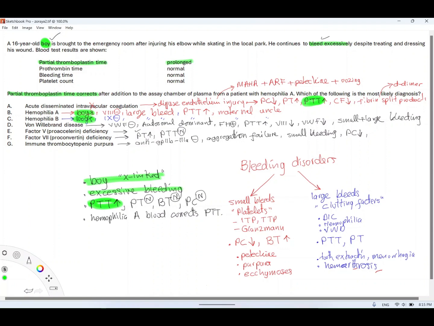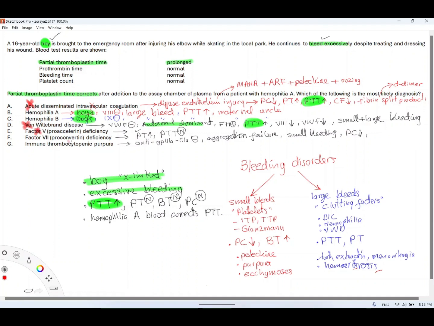Okay, VWF, PTT is increased, but there is also clotting factor 8 deficiency, and it's autosomal dominant, so that's not our choice because we're looking for X-linked, right? So this is autosomal dominant, so we will cross it out. Factor 5 deficiency can lead to both PT and PTT increase.